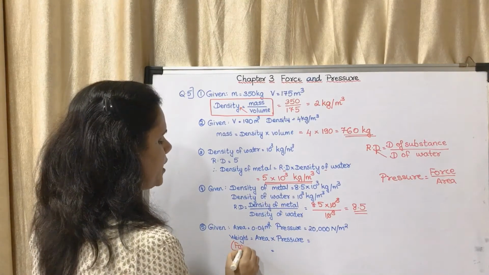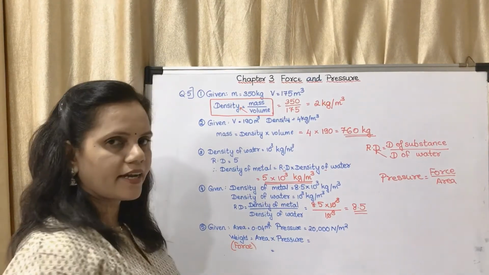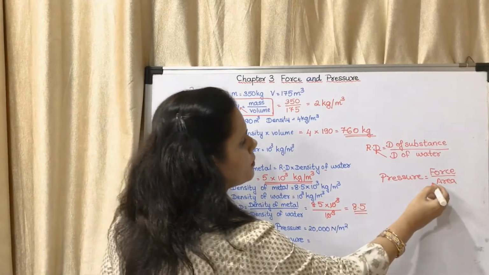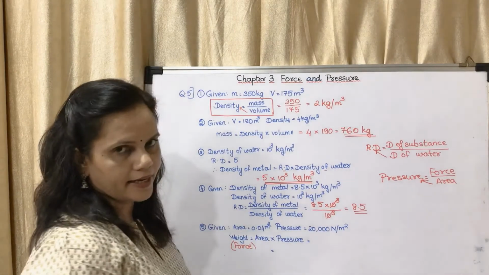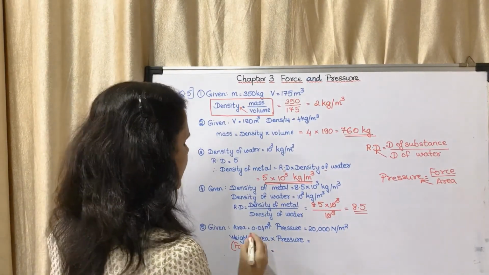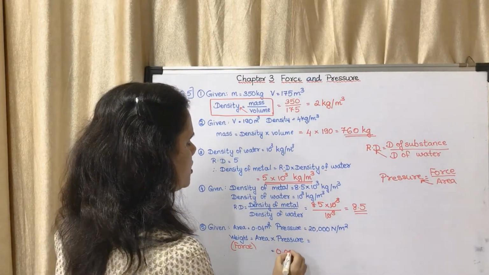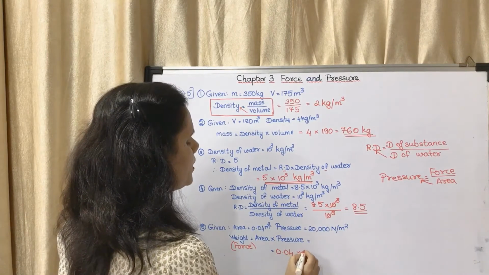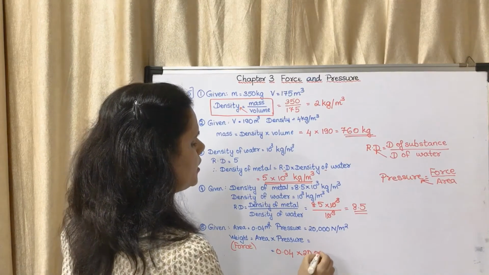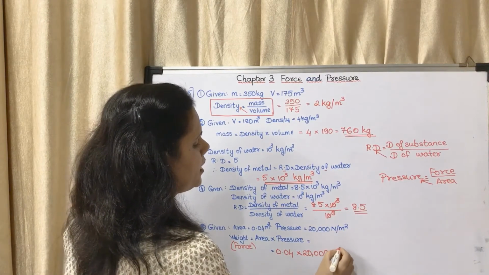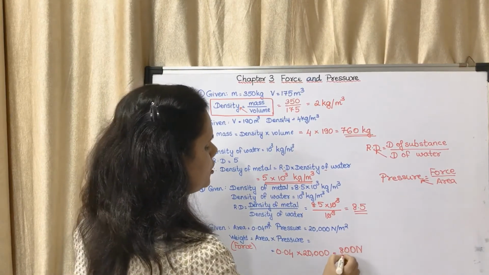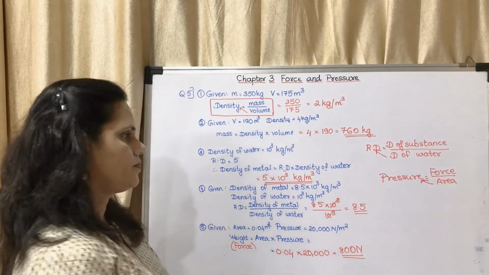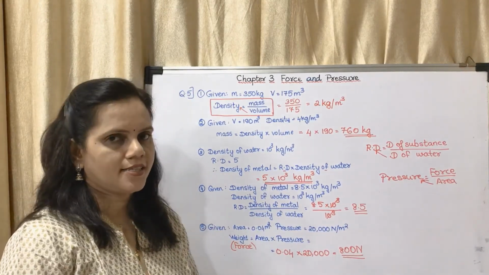Weight is same as force. So force will be equal to pressure into area. Area is 0.04, and pressure is 20,000. When you multiply it, you will get it as 800 Newton. Okay, this is the answer.